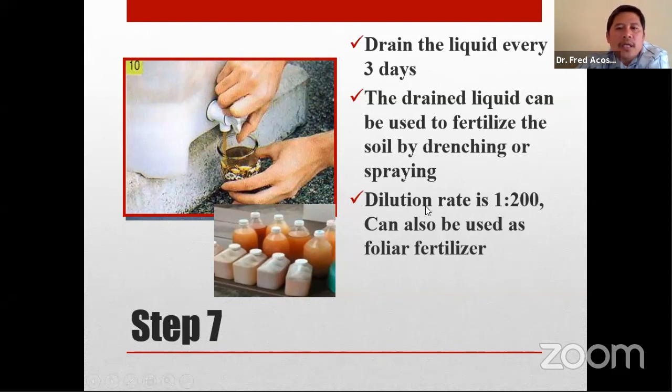The dilution rate is 1:200, meaning for every 1 liter of water, you can put 5 ml of this liquid. It can also be used as a foliar fertilizer.